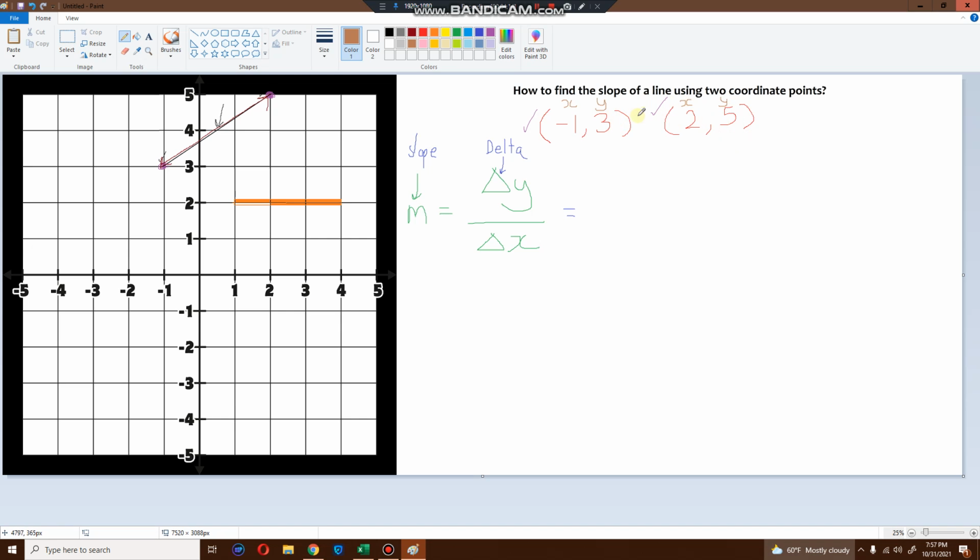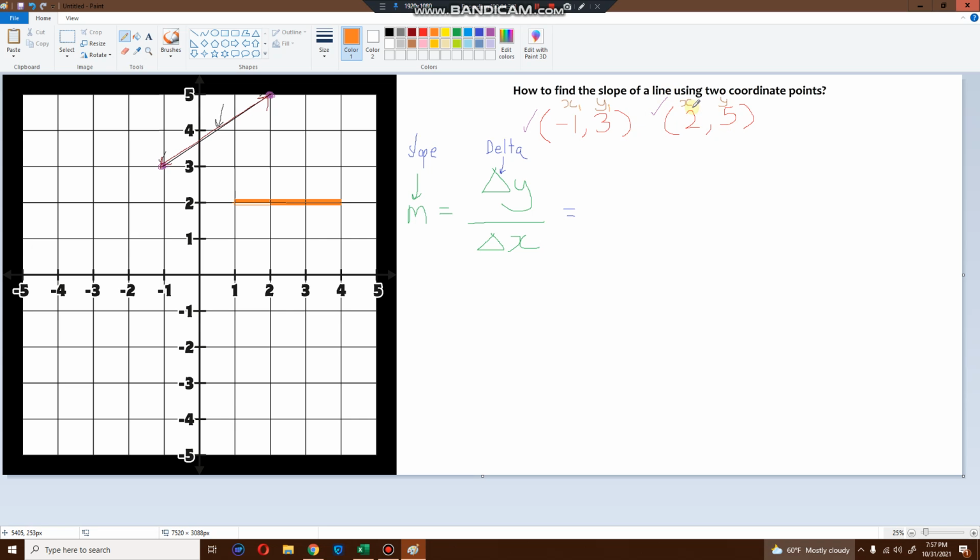However, since we have two coordinate points, I need to differentiate between these x's and y's, otherwise I'll get confused. So this first coordinate point, minus 1, 3, the x value minus 1, I'm going to call x sub 1. The 3, y, I'm going to call y sub 1. Let's go next door to 2, 5.